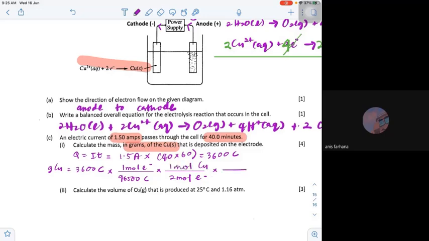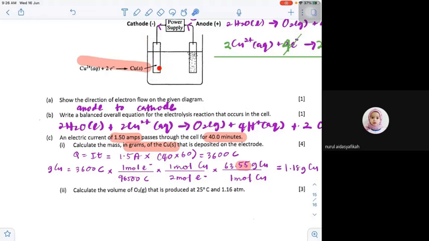And then we want the mass of Cu. So for every 1 mole of Cu, 63.55 grams of Cu will be produced. 1.18 grams of Cu will be deposited at the cathode. That is for the product produced here.